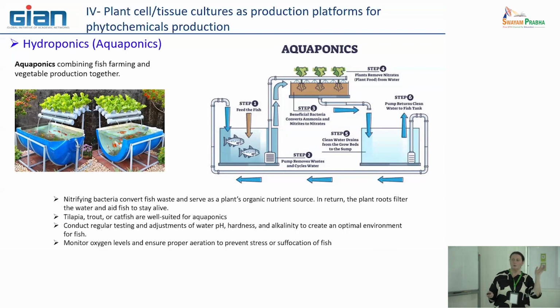If you go to see on the internet different types of this organization, you can see these three types of fish. The only thing you have to do is to have different probes here to maintain water pH, hardness, and alkalinity in a constant manner in order to maintain the environment of the fish in a good way.